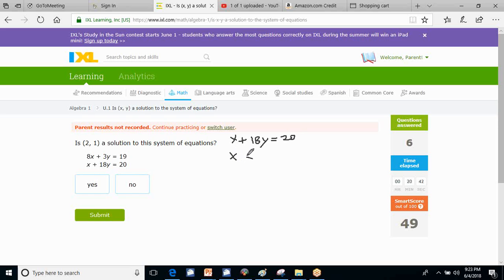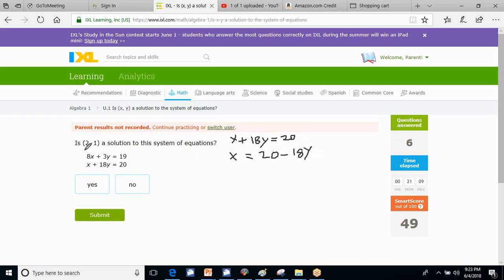So x is equal to 20 minus 18y, right? Yes. Because you take the 18y from the left hand side, you take it to the right hand side, so the sign changes. So this is x.